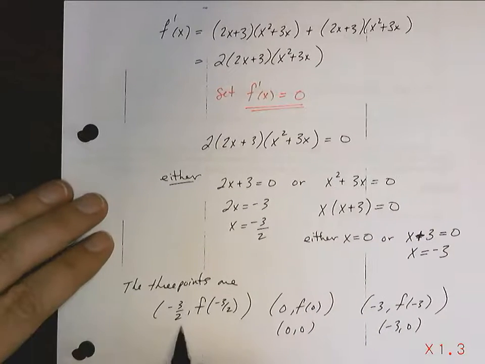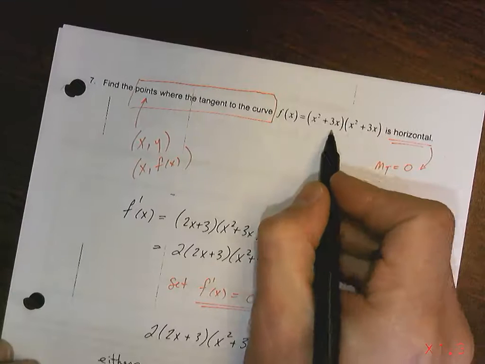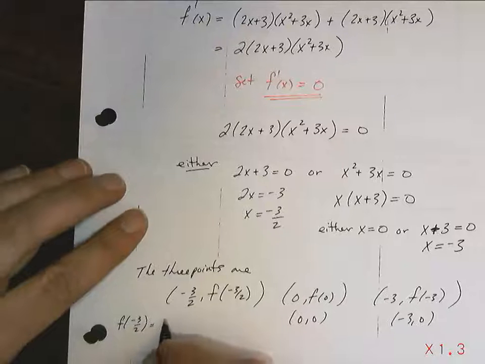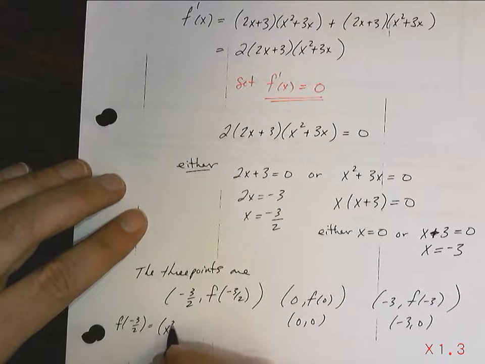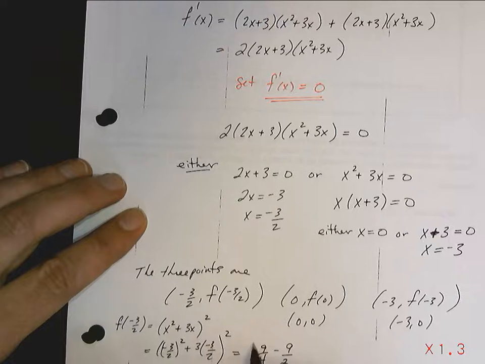This one over here, so if I plug in f of negative 3 over 2, now these two are the same, right? So I can save a little bit of time if I do this. So it's going to be negative 3 over 2 squared plus 3 times negative 3 over 2, all squared. So that's going to be 9 over 4, and this is going to be subtract 9 over 2, all squared.